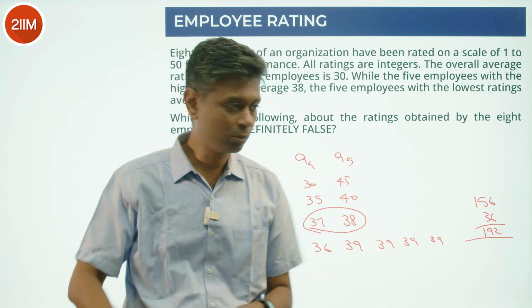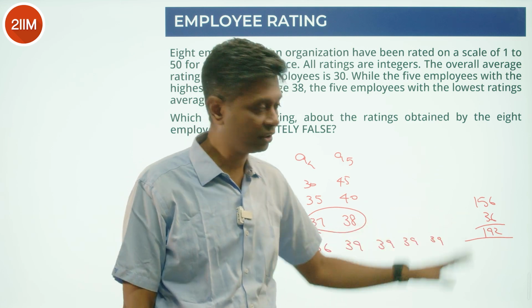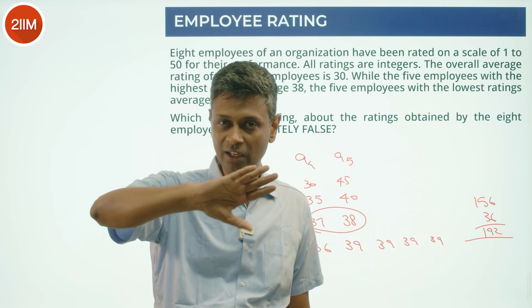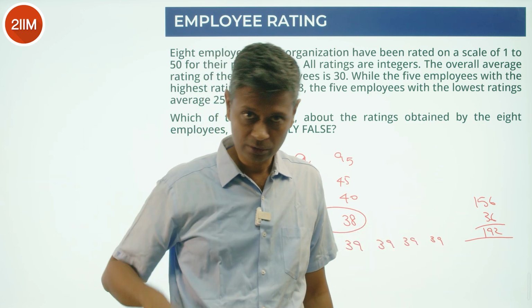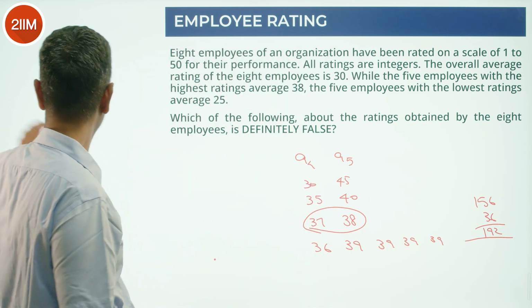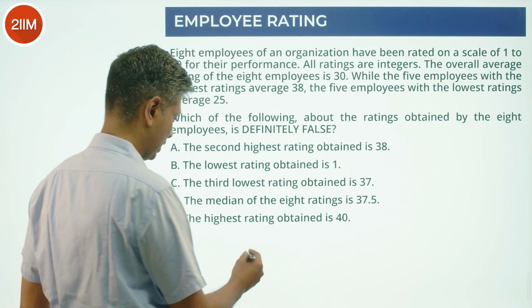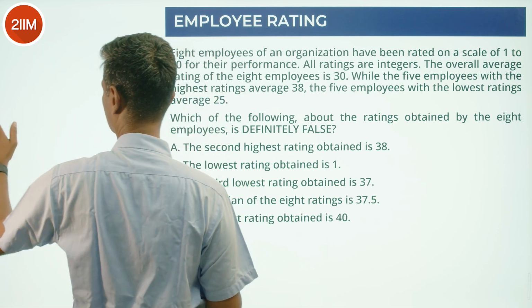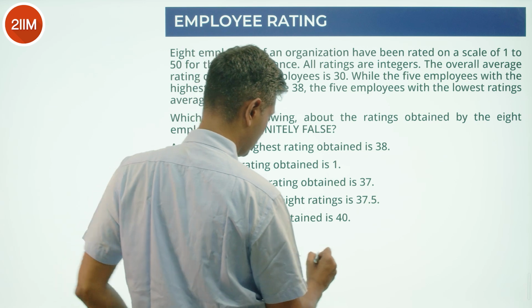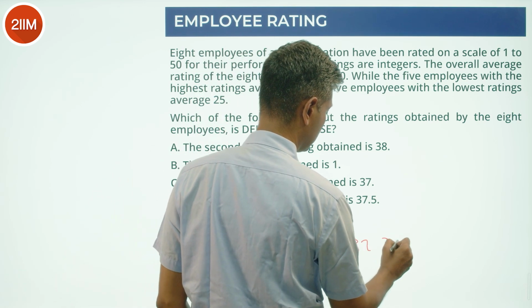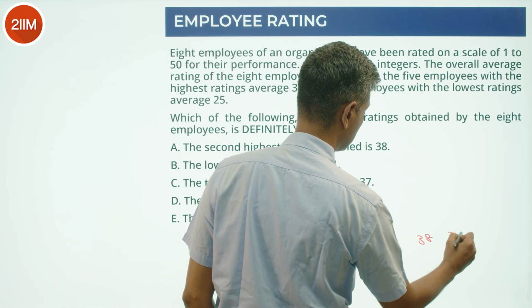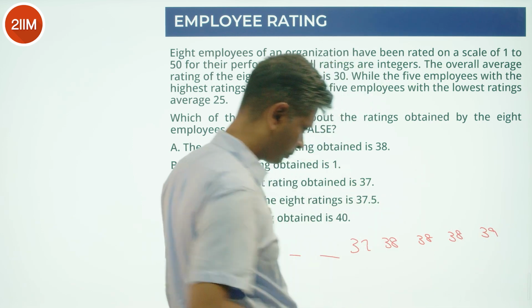Only one combination possible: 37, 38, 38, 38, 39. That is the last 5 numbers. Brilliant. It is super useful because we can now attack these things: I have A1, A2, A3, 37, 38, 38, 38, 39 as my numbers.